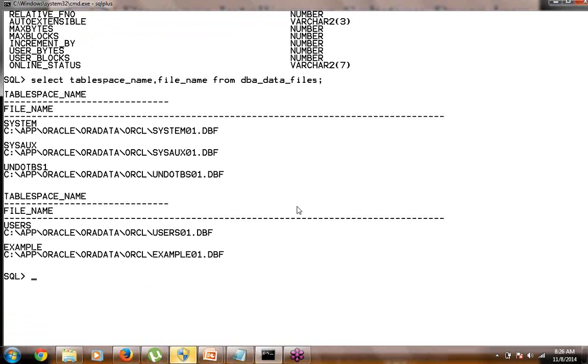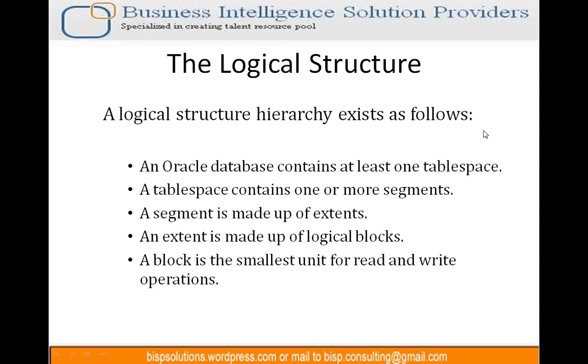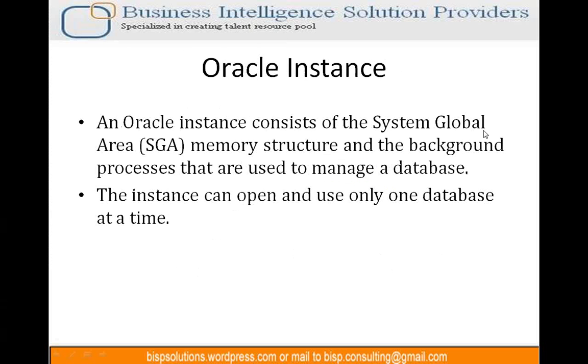Right? Now, this is the basics of, as I said, the database architecture. We will go further and also understand what is an Oracle instance, something very, very important. This is the first thing that gets started when we start a database.